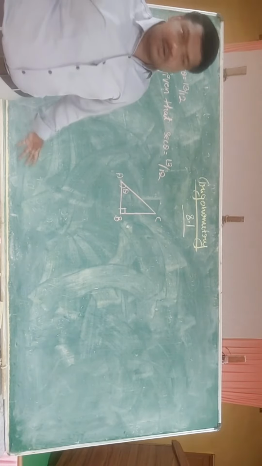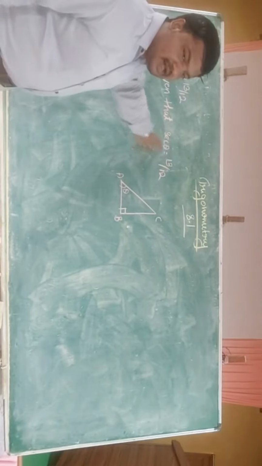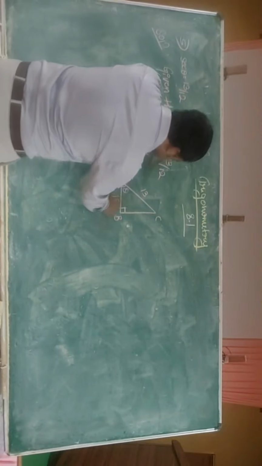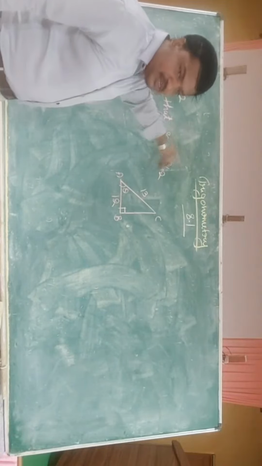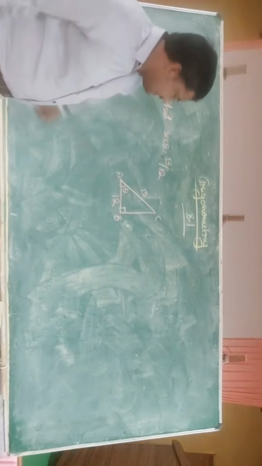Cos theta is equal to adjacent upon hypotenuse. So sec theta is hypotenuse upon adjacent. One more side we can calculate, that is BC.